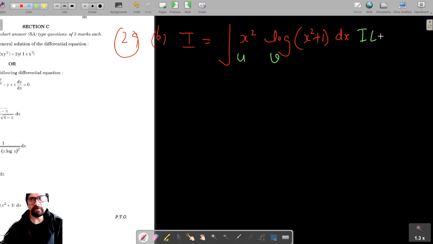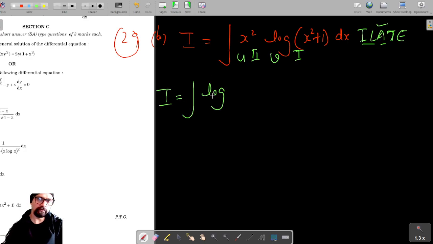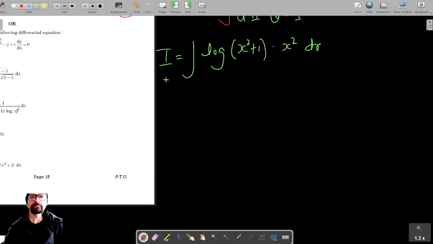For that, let's put them in order using ILATE. Algebra log is the first function, and algebra x squared is the second function. So I is equal to the integral of log of x squared plus 1 into x squared dx.